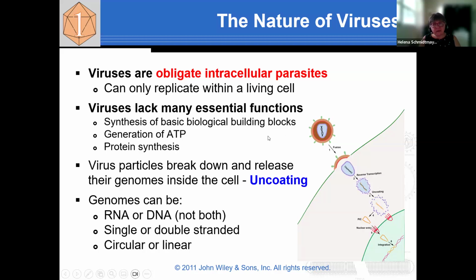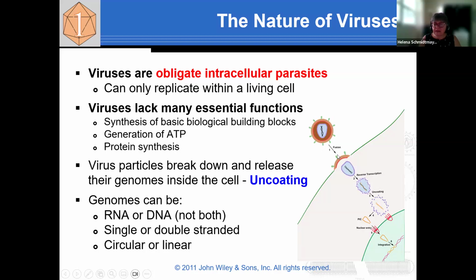They also do not have pathways which would synthesize energy, generate ATP. So they cannot perform protein synthesis. They also lack intracellular membranes, where all these mechanisms take place. So viruses depend on the target cells to replicate and survive.